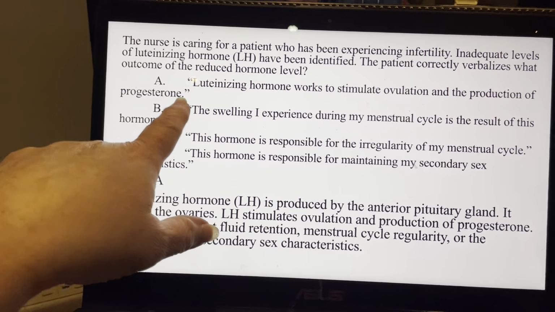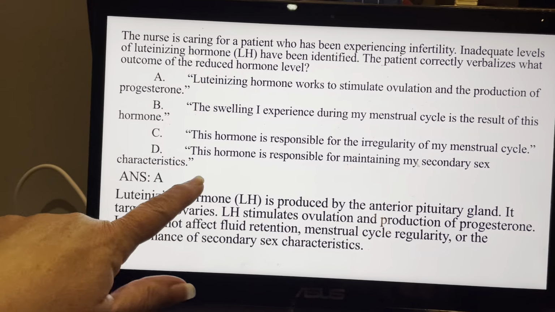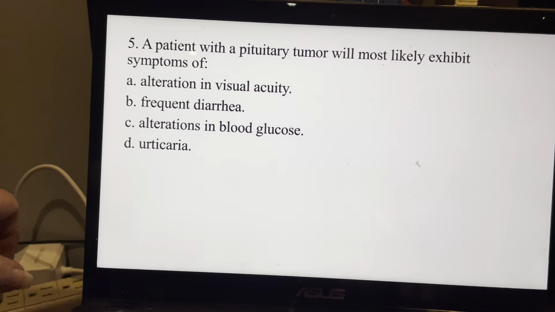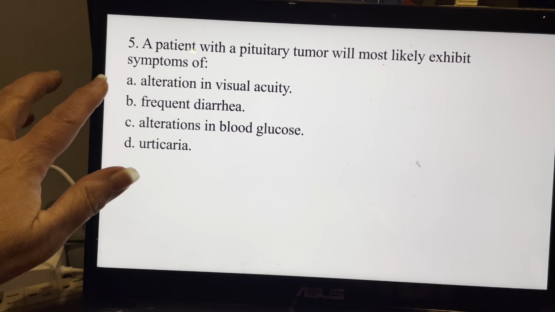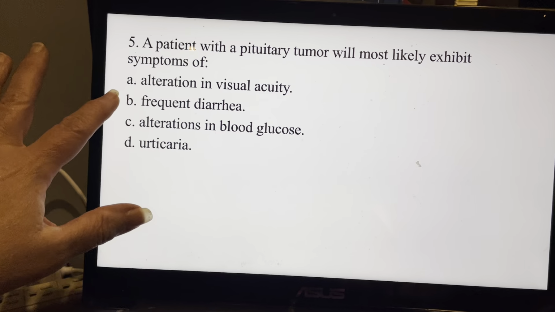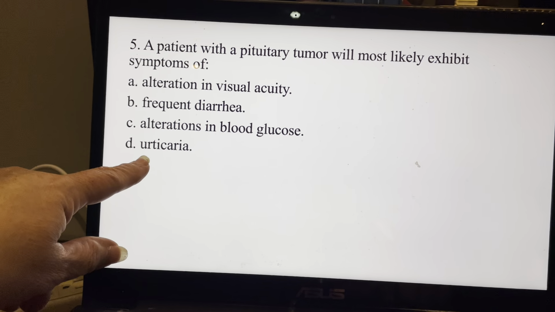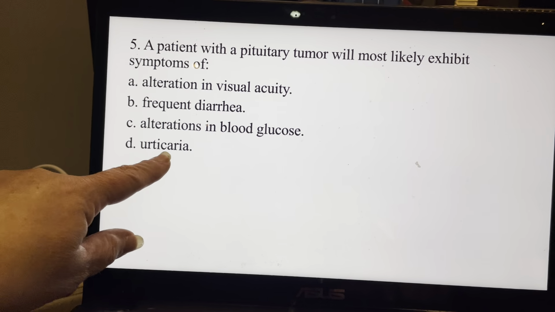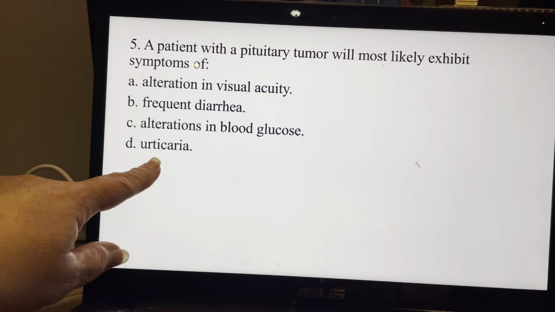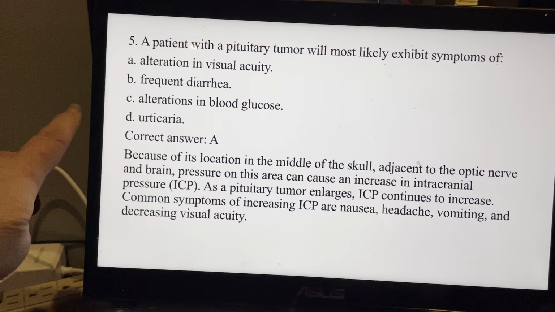I'm not going to take up time to tell you this, but there'll be another one, me talking about an ovary. A patient with a pituitary tumor will most likely exhibit altered visual acuity, frequent diarrhea, alterations in glucose, or urticaria, which is itching. What you think?